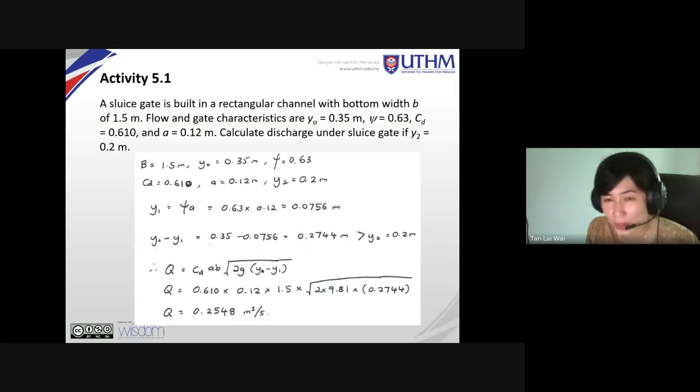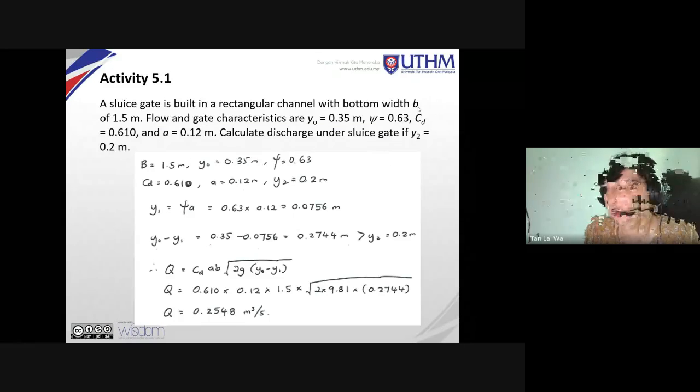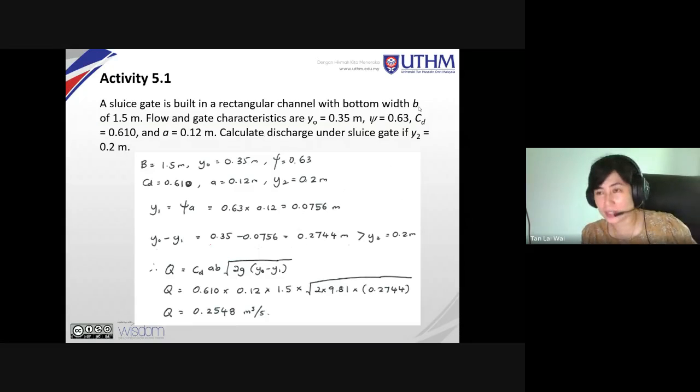Now let's look at this one, activity 5.1 here. You have a sluice gate built in a rectangular channel. In the previous chapter, for the width of the channel we used uppercase B. This is actually the same width, only that in this chapter we use lowercase b. The width of the channel is 1.5 meters.